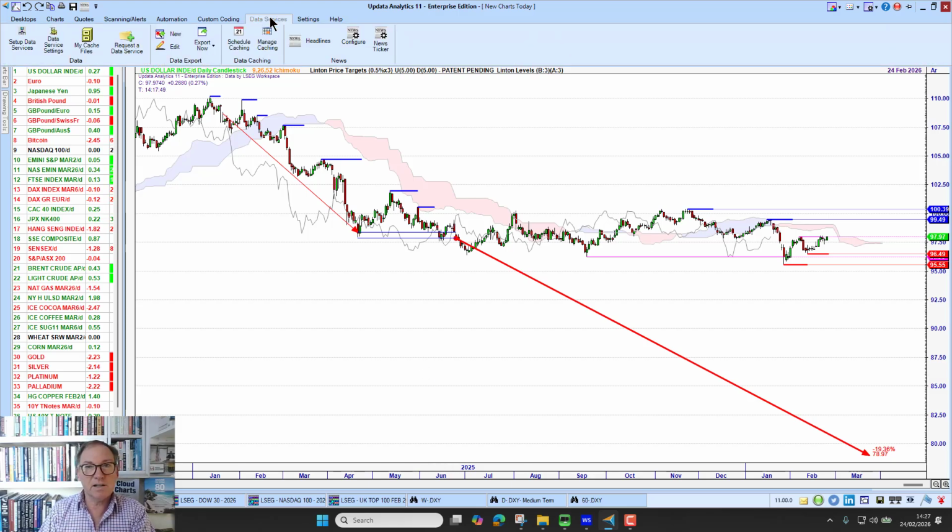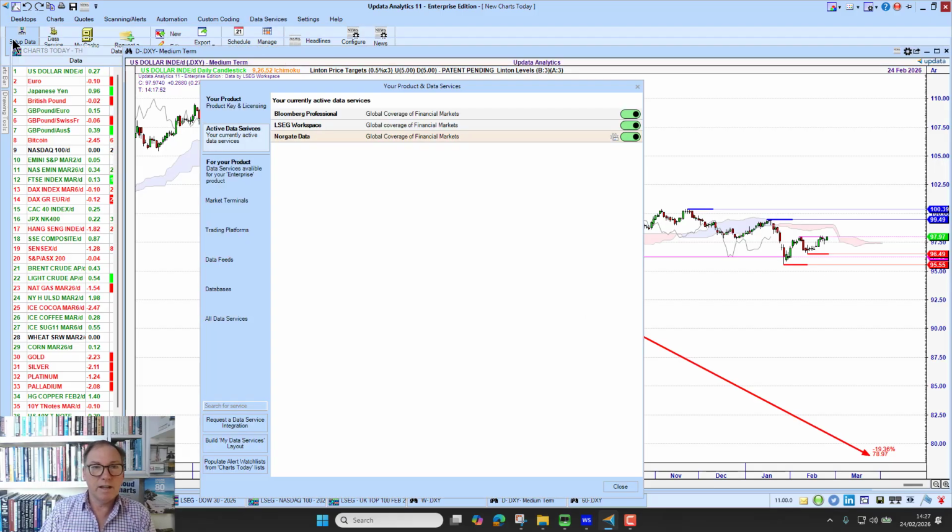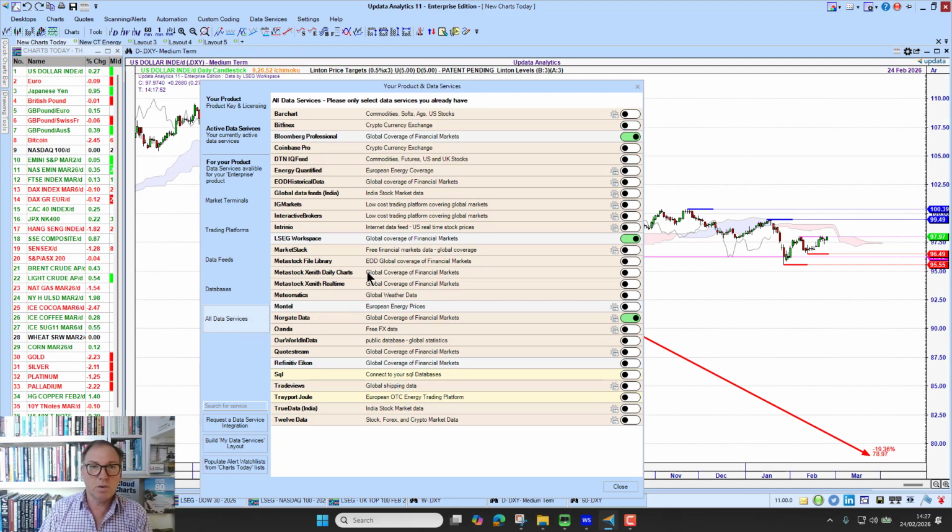Coming back to the data services menu, let's talk you through these feeds. If I go to all data services, Barchart is a great feed from Chicago, and I know the guys well. It does have a symbol limit, and you pay by the number of symbols you want, so this is good if you trade a handful of things. It's very strong on commodities coming from Chicago, and US stocks.